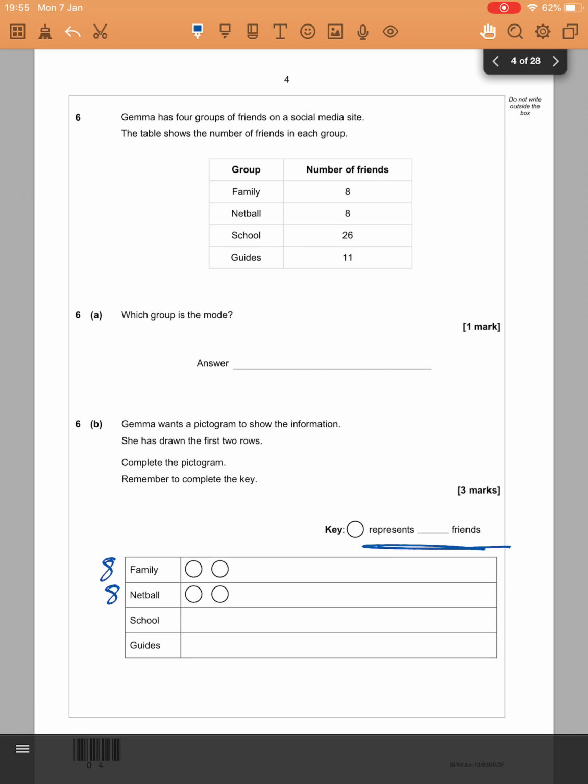Now, given that we know that 2 circles represents 8 people, you'll be able to find out what number goes here, because you can find out how many people 1 circle represents. When you've done that, you can draw circles to include 26 people for school and 11 people for guides. And you will need to use fractions of a circle there. You'll need to use halves or quarters or 3/4. And just make it clear when you're drawing your fractions of a circle.